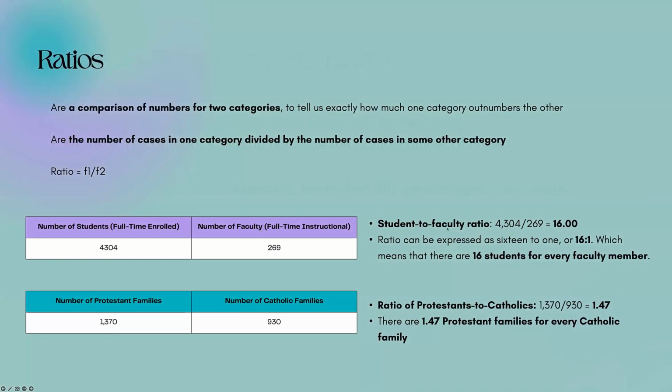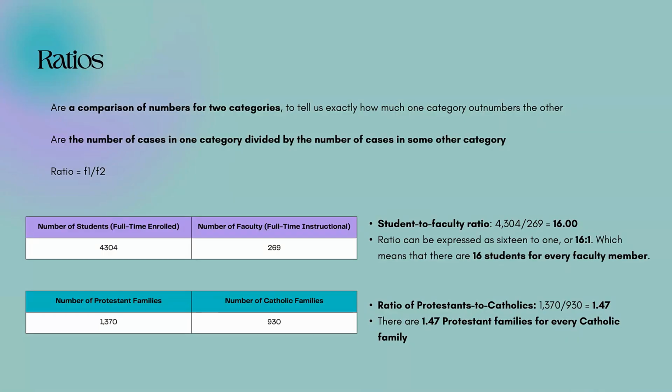All right, ratios. Ratios are a comparison of 2 numbers or a comparison of numbers for 2 categories, and they tell us how much one category outnumbers the other, right? So we oftentimes compare two values together. Let's say we're comparing the number of students on campus to the number of faculty on campus.